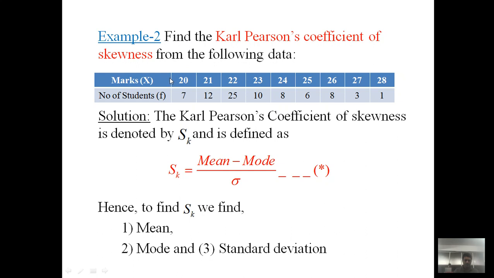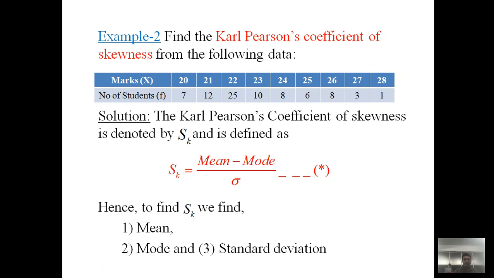So this cell represents that out of 80, 7 students get 20 marks, 12 students get 21 marks, 25 students get 22 marks and so on, and only one student gets 28 marks. So the total number of students is 80, the total marks of the exam is 30, and we are interested in which type of skewness, that is, how the data is distributed throughout the range.